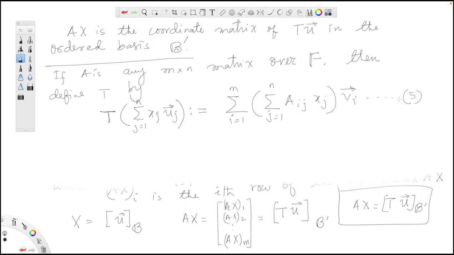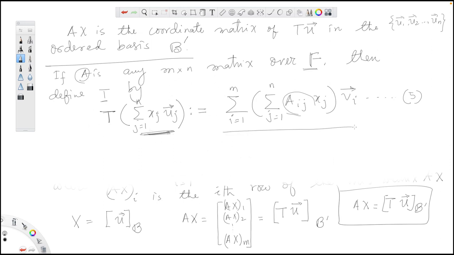So if I am given an m times n matrix A whose entries are these a_ij's, each a_ij in the field F, and I define this transformation T from V to W by this expression, it's clear that, since these vectors constitute a basis of the vector space V, this vector is in the vector space V, right?